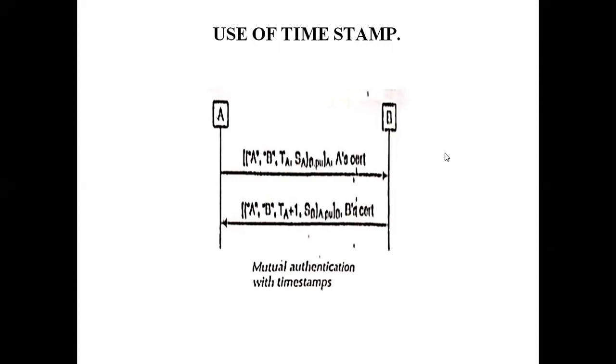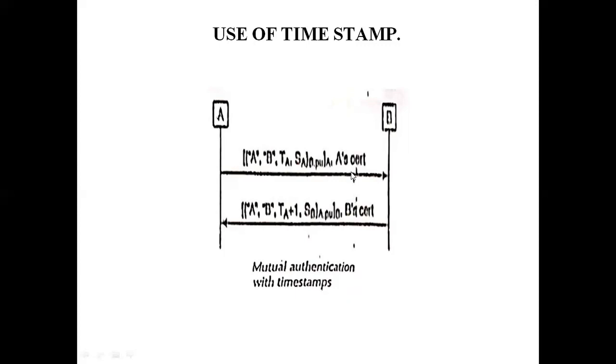The figure shows the same. Here A is the identity of A and B is the identity of B. TA is the timestamp, meaning at this particular time I sent this message, along with a secret key shared by A, encrypted using the public key PU, with certificate A. In message 1, A inserts a timestamp TA in the message and signs it.